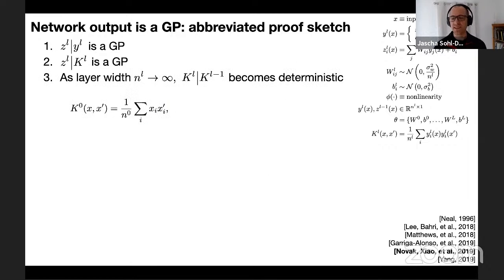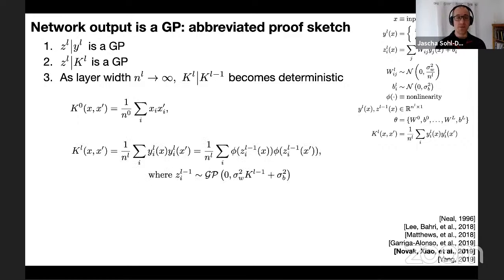Okay, this is probably the slide with peak complexity in the talk, and I promise it's not so bad, but also it all gets better from here on out. So the first observation is that K0 is just the data point by data point second moment matrix at the input layer.